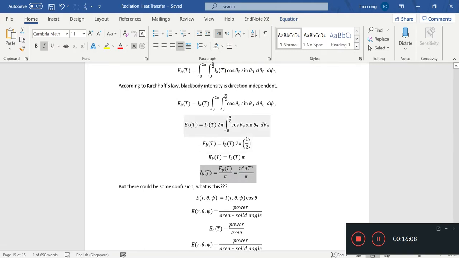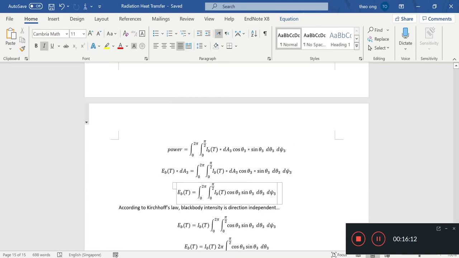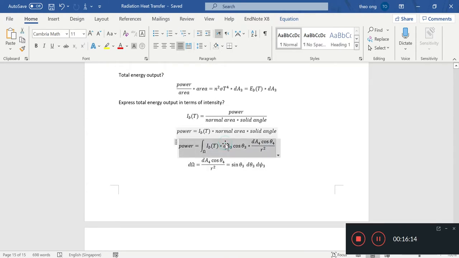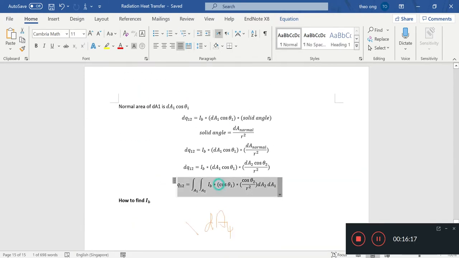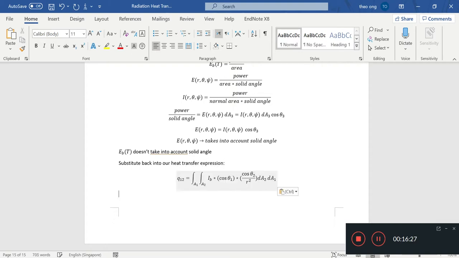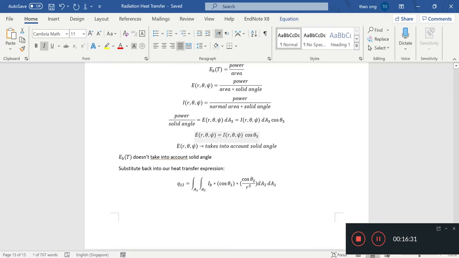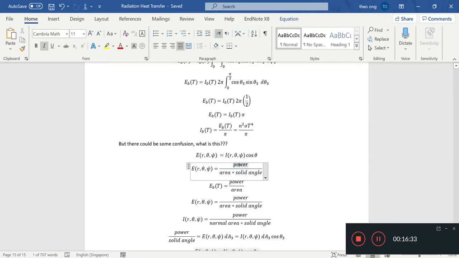If we were to bring this back into this Q, substitute back into our heat transfer expression, we'll have this expression.